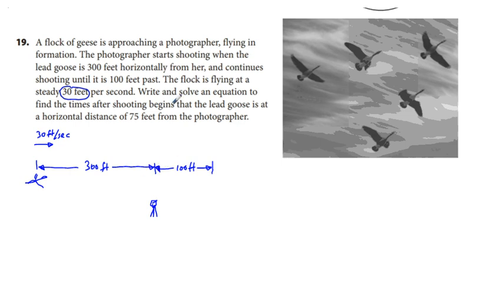And then find the times after shooting begins that the lead goose is at a horizontal distance 75 feet from the photographer. So here's the horizontal distance of the photographer. We're going to have 75 feet here, and over on the other side, we're going to have 75 feet.